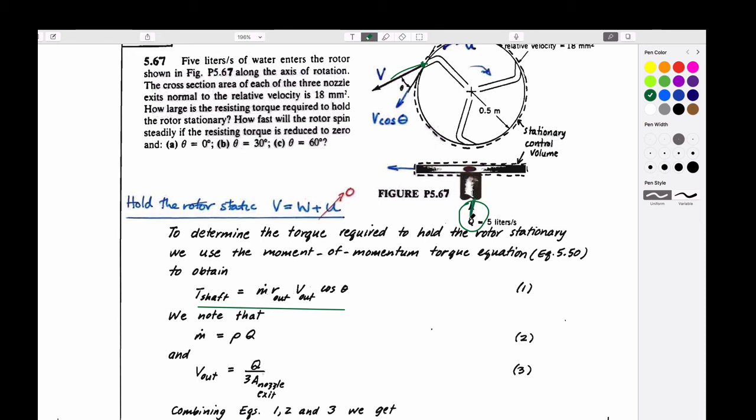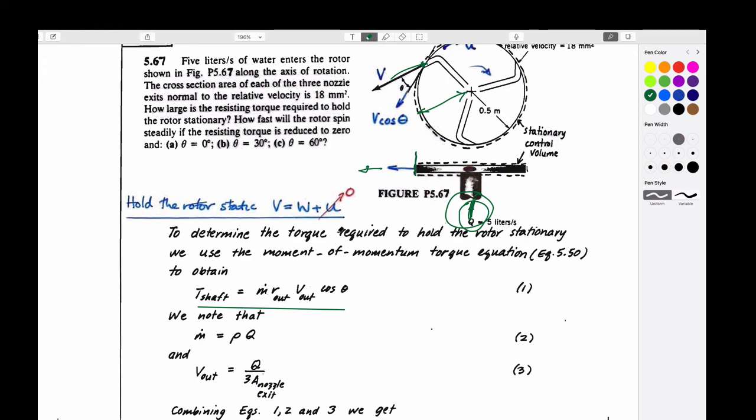This is orthogonal to these directions, so this doesn't count. There's no component here. So the mass flow rate is just the stuff that's coming out of here. The radius at which this acts is whatever this radius is here. And the velocity that it comes out of is going to be the velocity that's aligned along this direction here.